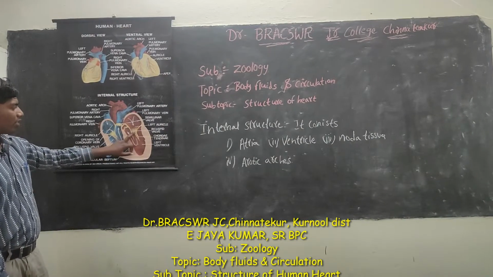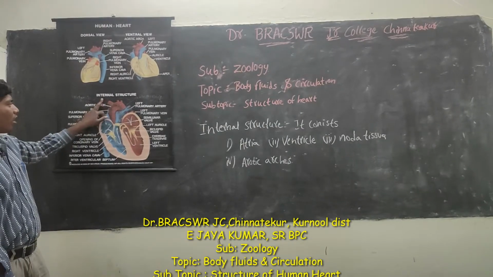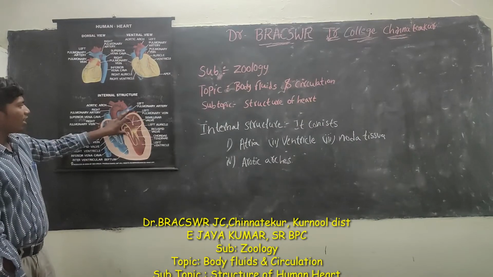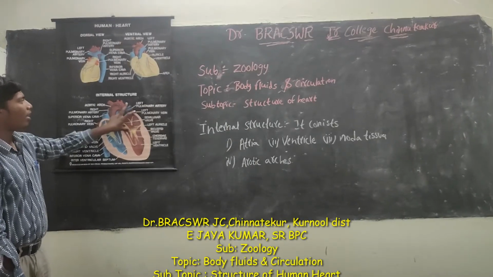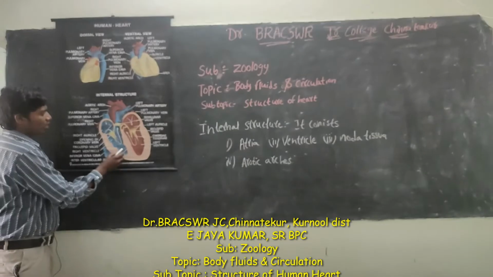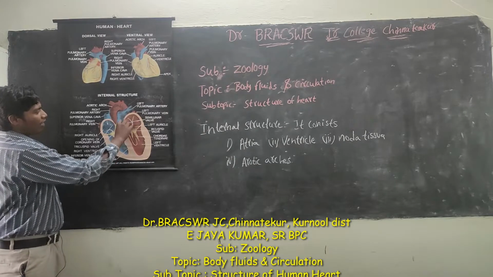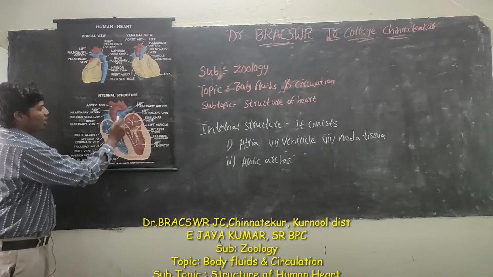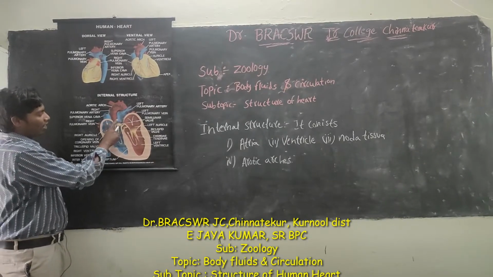It pressurizes the oxygenated blood and sends it to the systemic arch. The systemic arch sends blood to all our body. The pulmonary artery arises from the right ventricle, and the aorta arises from the left ventricle.